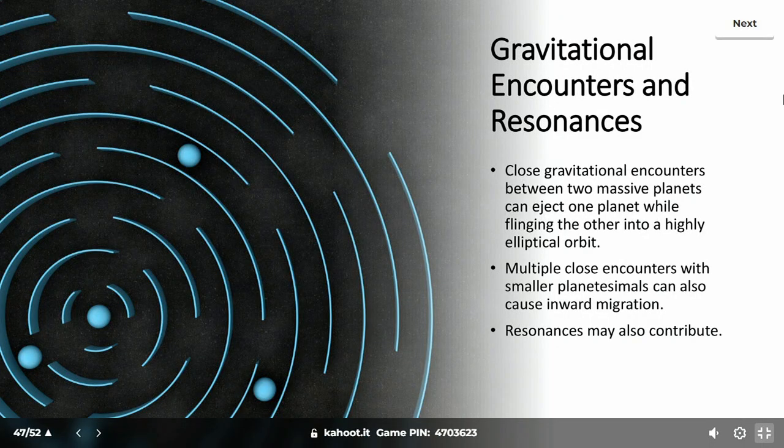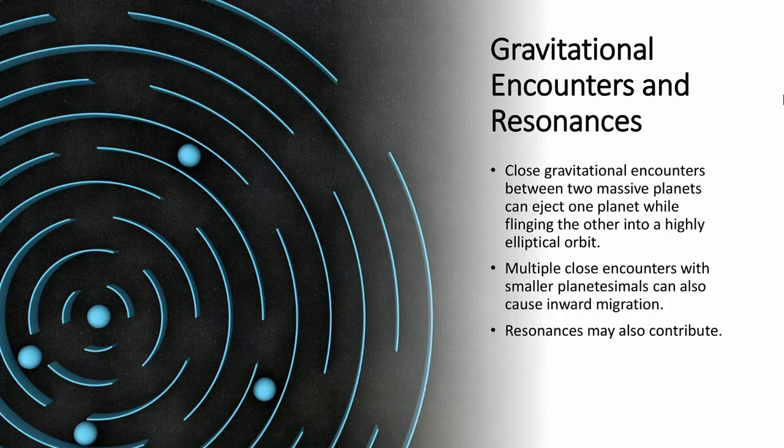The other thing that could happen, what if you have two gas giants that get too close to each other, and instead of colliding with each other, one of them gets pushed closer towards the star, the other one could get ejected from the system or find itself on a highly elliptical orbit.